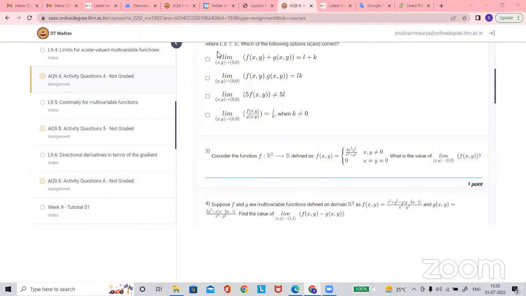I mean, can we conclude anything? If the partial derivative exists, can we conclude anything like the limit exists? You got my doubt now, sir.